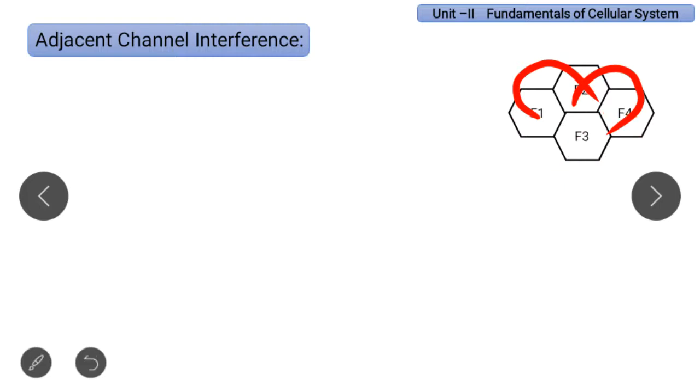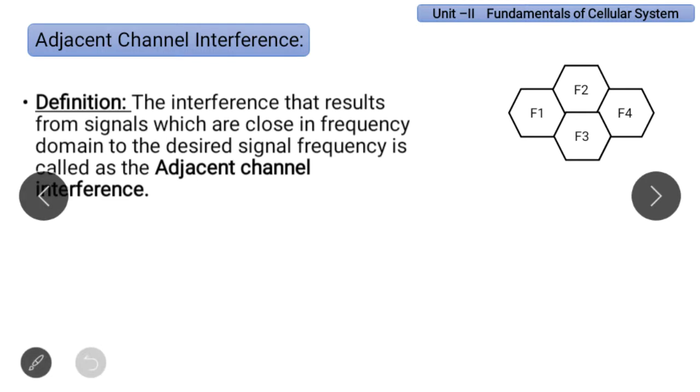First we will see the definition of adjacent channel interference. The interference that results from signals which are close in frequency domain to the desired signal frequency is called adjacent channel interference. Just keep in mind that the interference between neighboring cells is called adjacent channel interference.